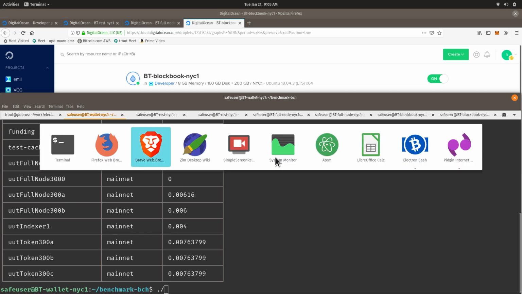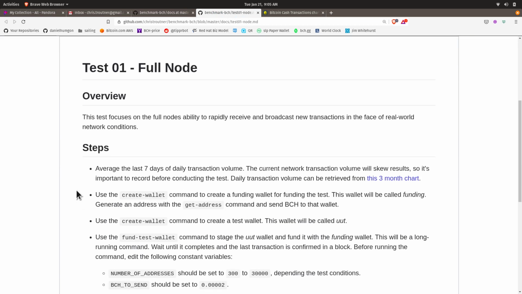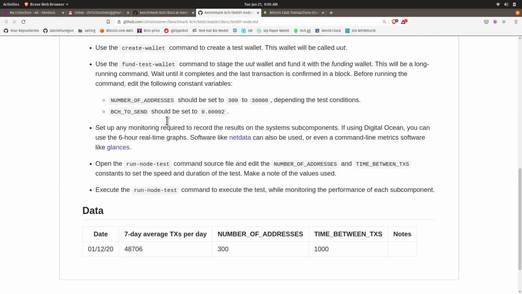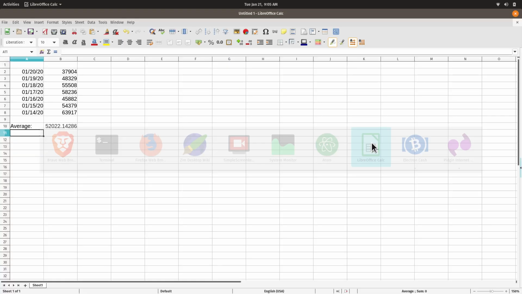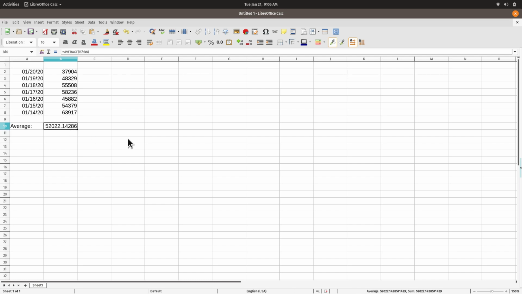Finally, just to go back to the directions here, I've got all these settings set, and I have recorded the daily transactions for the last 7 days on the Bitcoin Cash network, because this is a factor that will skew the current network activity. The average over the last 7 days is 52,000 transactions per day on the Bitcoin Cash mainnet network, which is what we're running this test on right now.